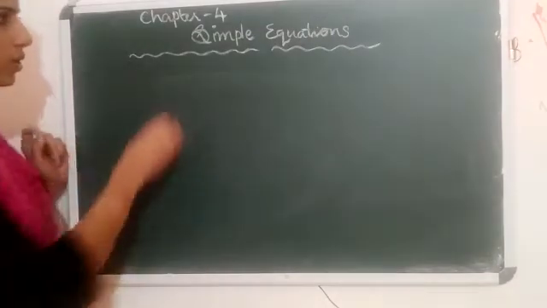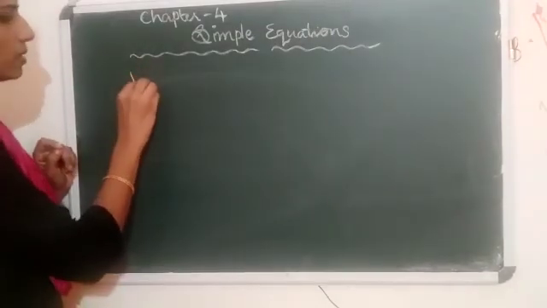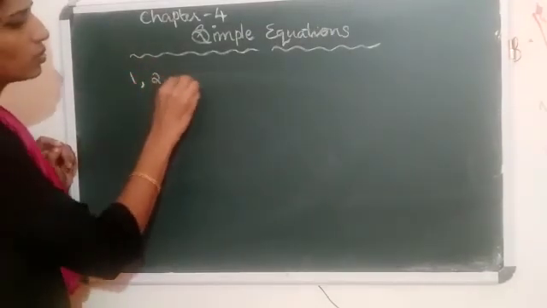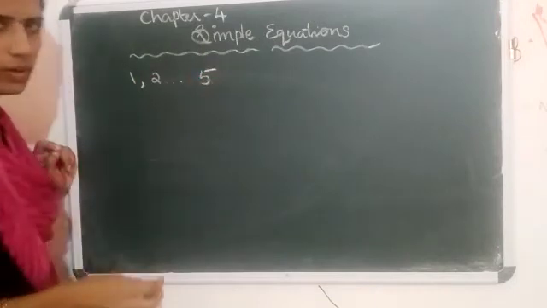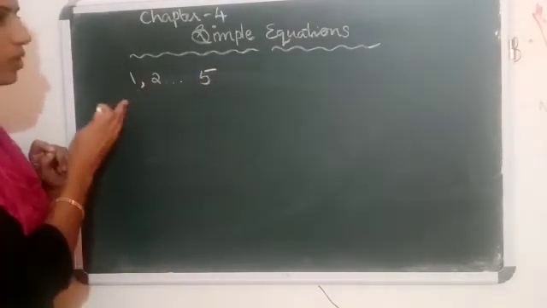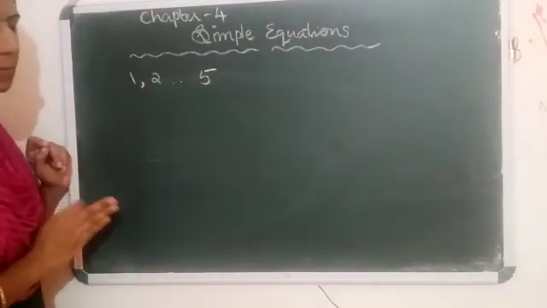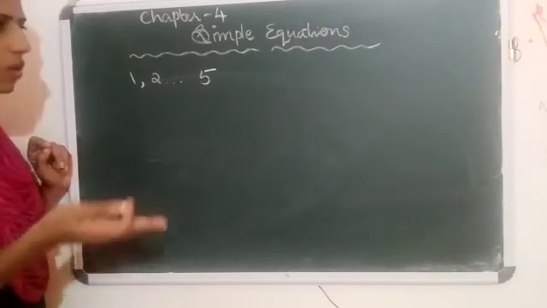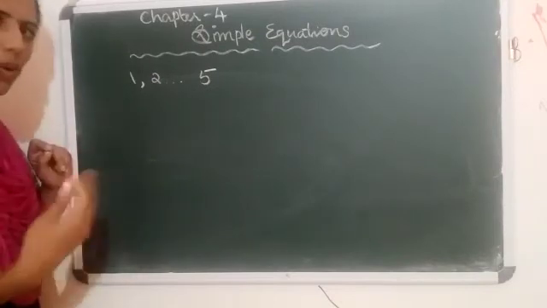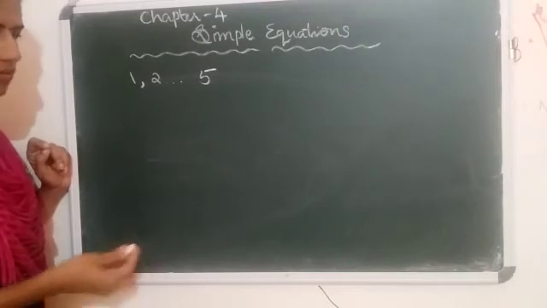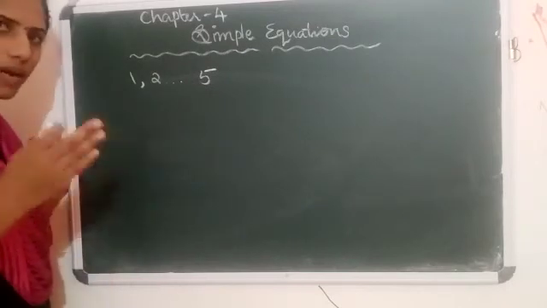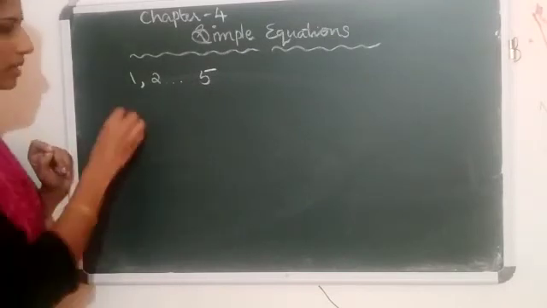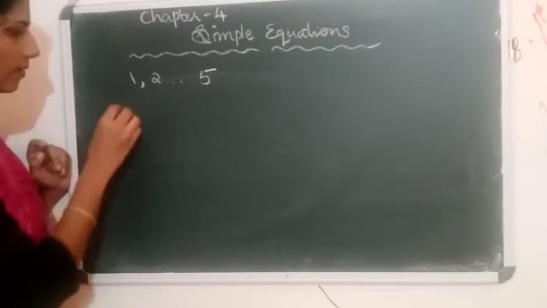Suppose I told you to think of a number between 1 and 5. You thought about one number. I don't know what that number is, so that unknown number I am going to represent using any English alphabet.